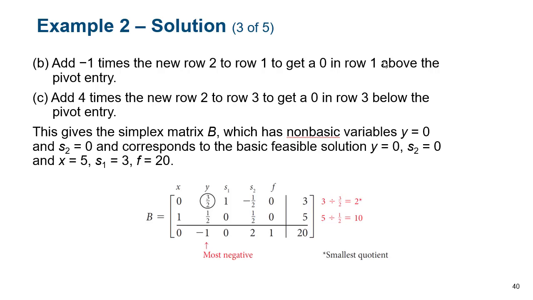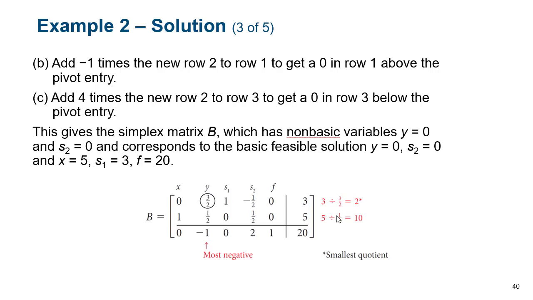Okay, so we start into task B, and we reduce the first column, and get this new matrix, we notice that we still have a negative number down here. So we repeat the process. This becomes our pivot column.